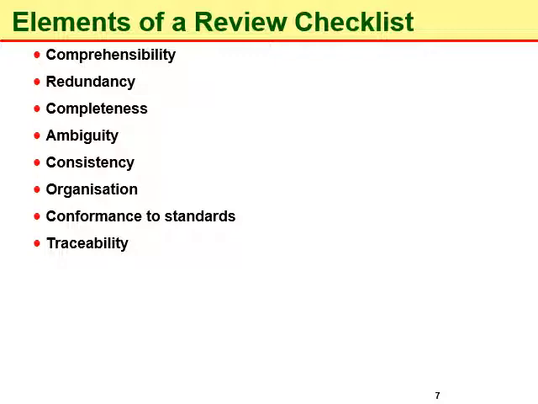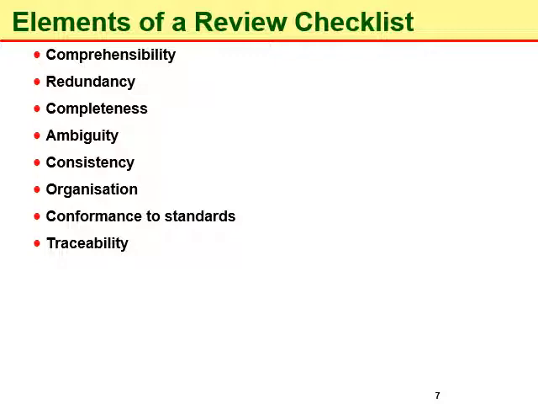Then ambiguity: are the requirements expressed using terms which are clearly defined, or are there any ambiguities in the requirements? Then consistency: do the descriptions of requirements include any contradictions?